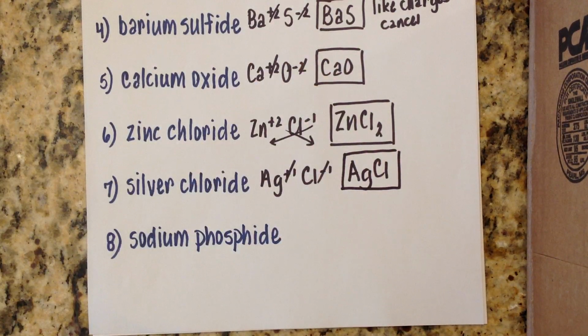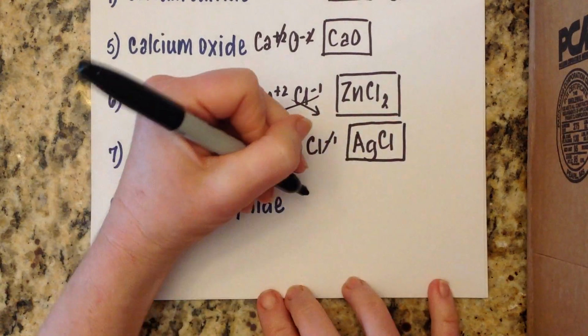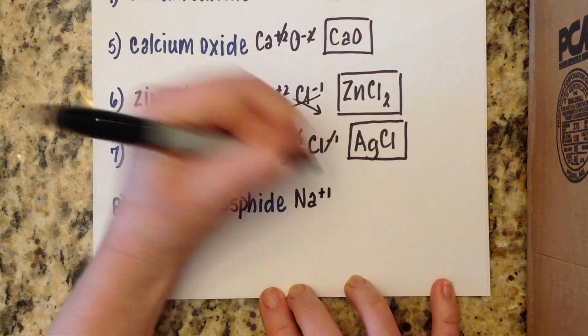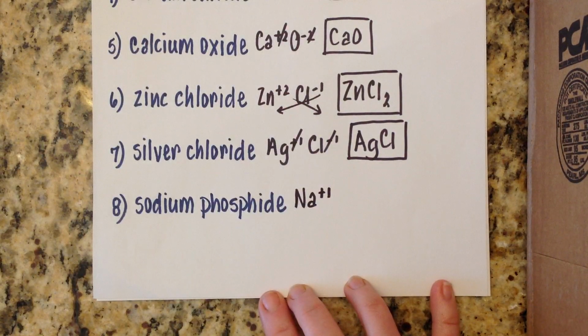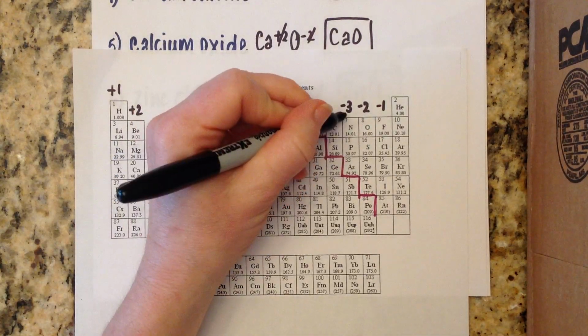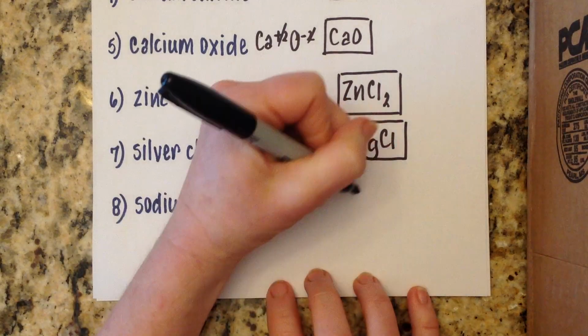Looks very officially done. And the last one, sodium phosphide. Sodium has a +1. Phosphide is P -3, and we haven't looked at that one yet on this tutorial, so I'm going to show you. P is -3. Don't get that mixed up with phosphate. I'll talk to you about that in a little bit.